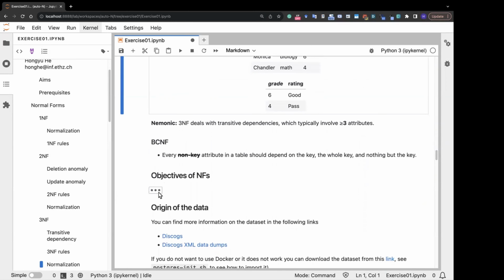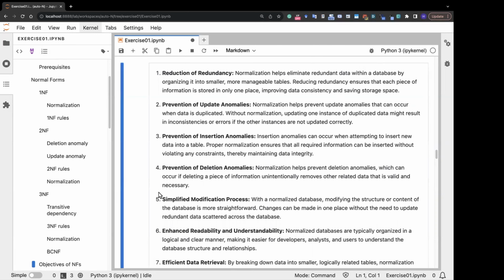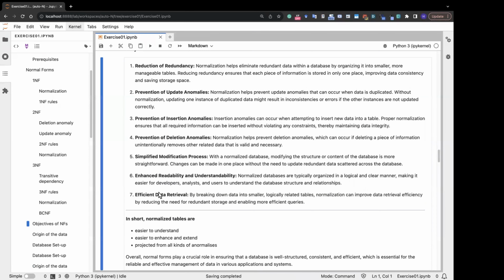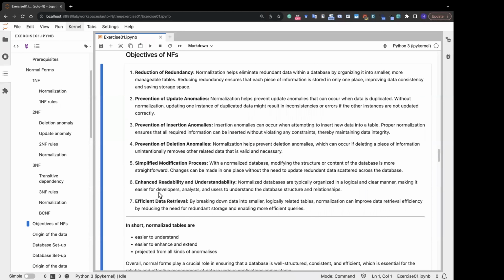So the main objective I summarized, I won't read it, so you can look at it once it's uploaded. Basically, the main objective of normal forms is reducing the redundancy, right? We don't want to have redundant data. We want to update the data as efficiently as possible. We want to prevent all kinds of anomalies.